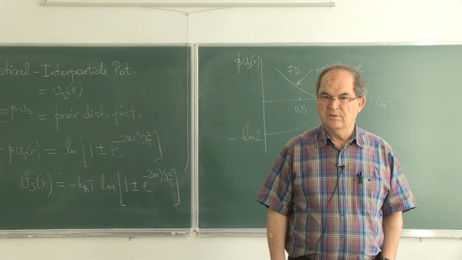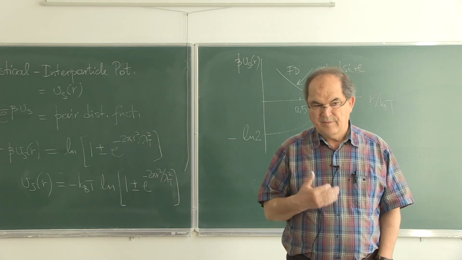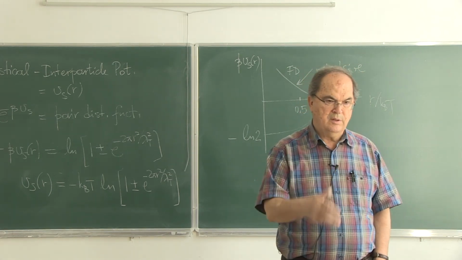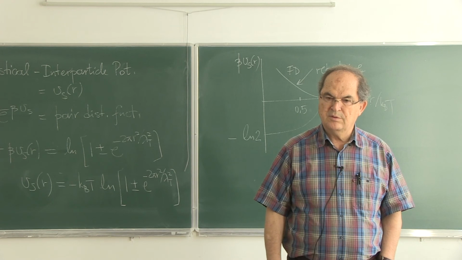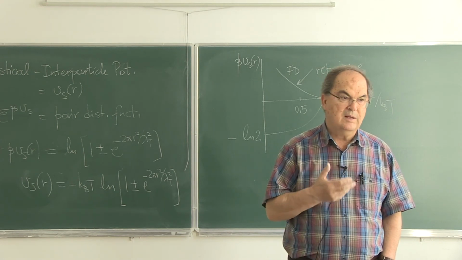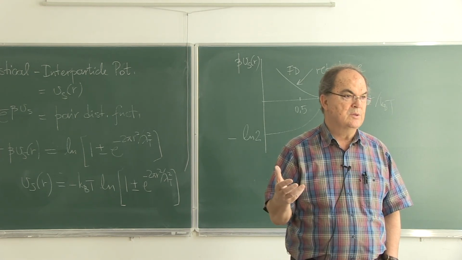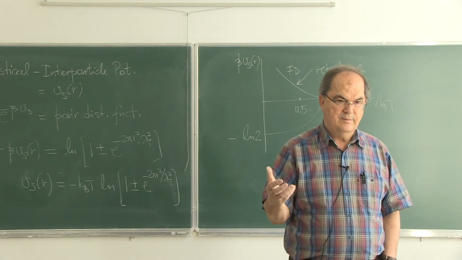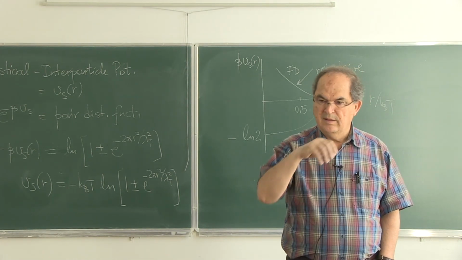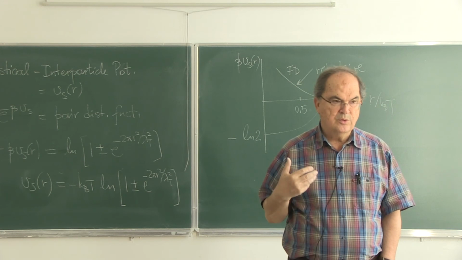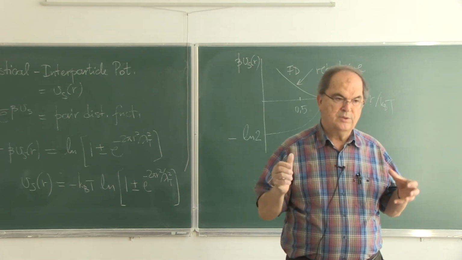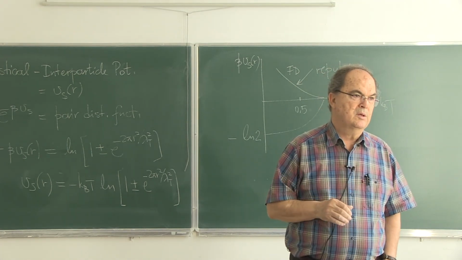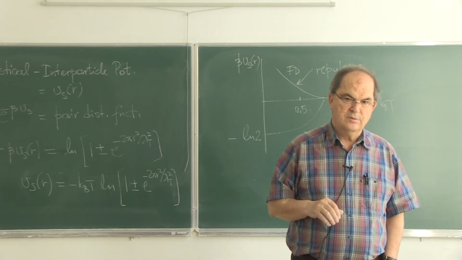Extremely important, you see? When we study fermions and bosons separately, you'll see what that means in terms of the pressure of the gas. We are going to see that this will cause an outward pressure for the fermionic case, electrons.